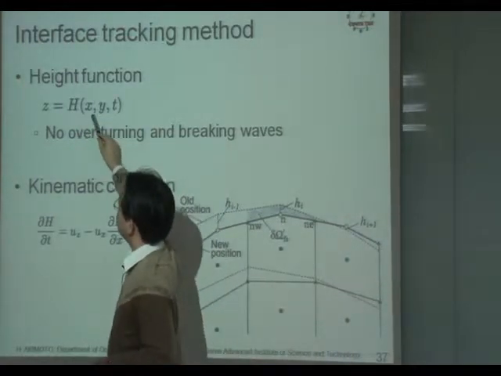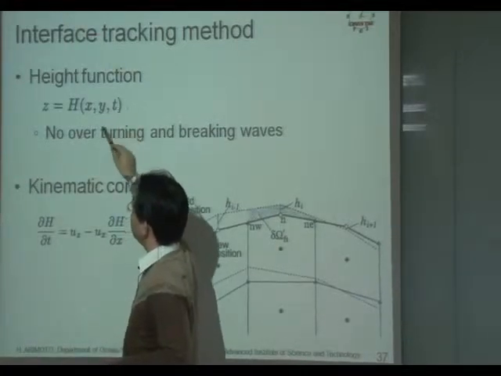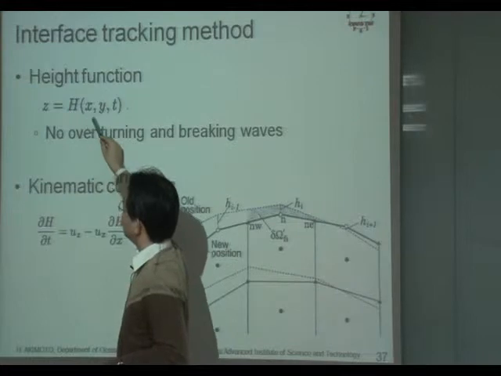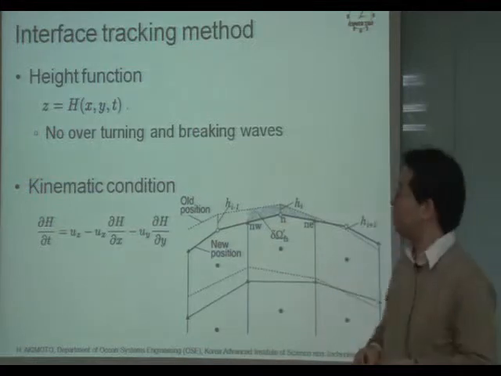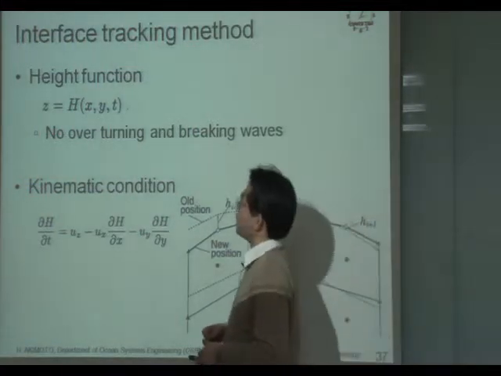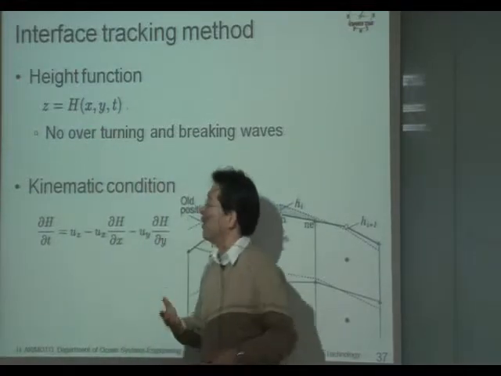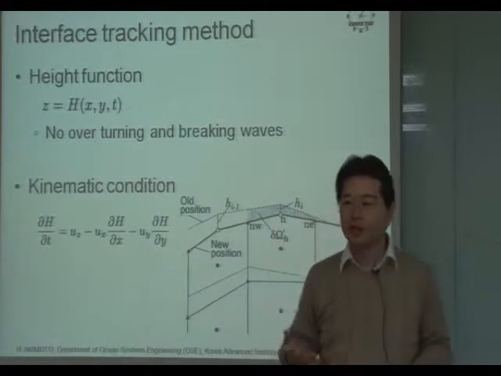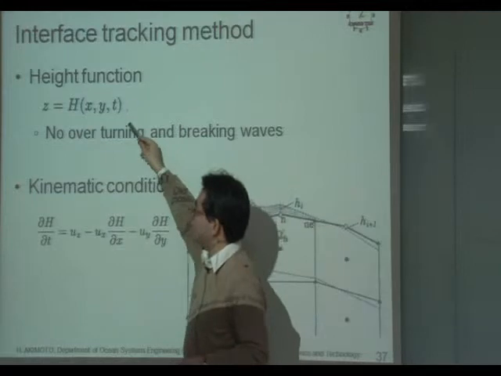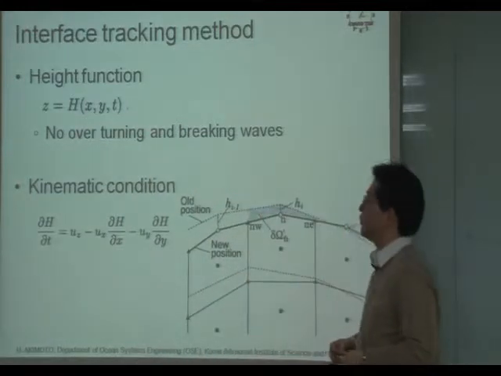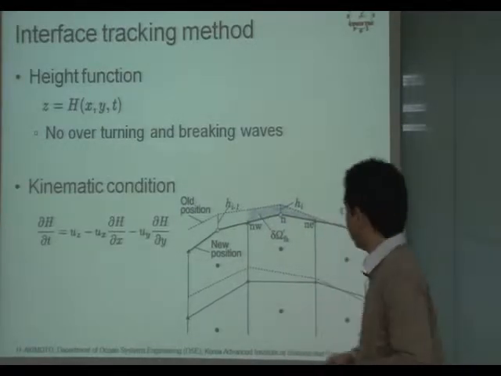The function h has parameters x, y, and t, where t is time. It shows the time-dependent deformation of the free surface. If you specify the position, this function will return the wave height, the free surface height. Naturally, this type of treatment does not express the overturning and breaking feature of the wave.